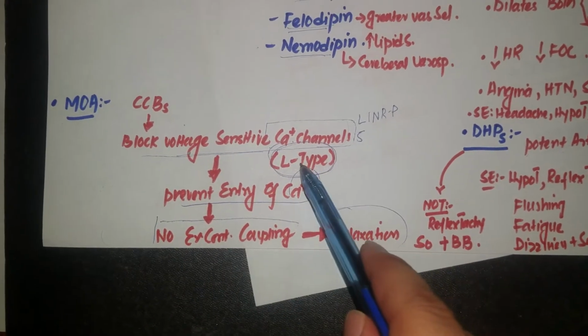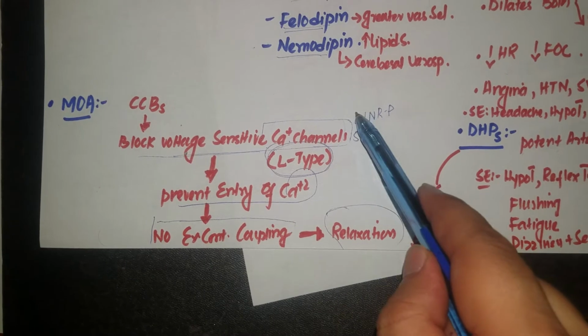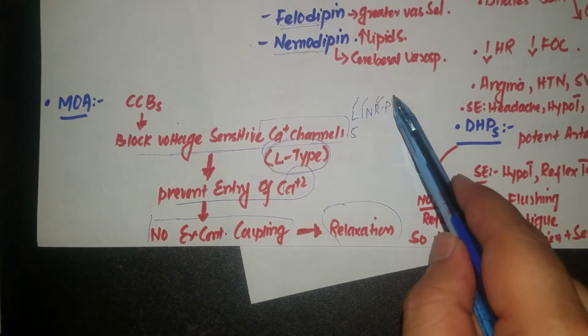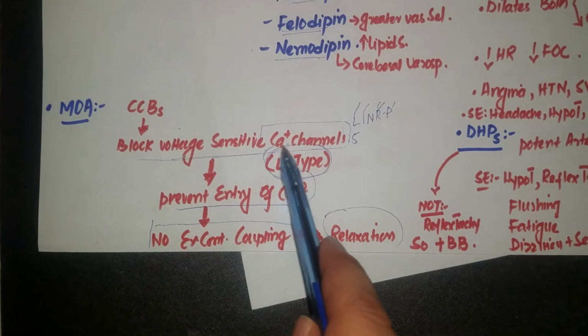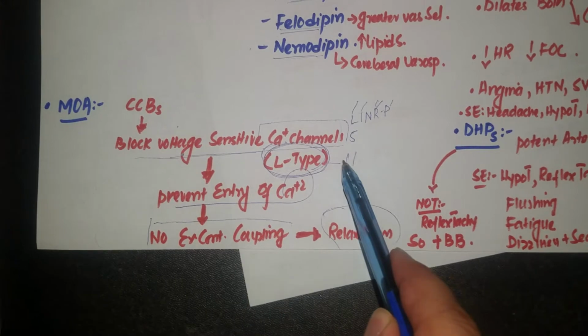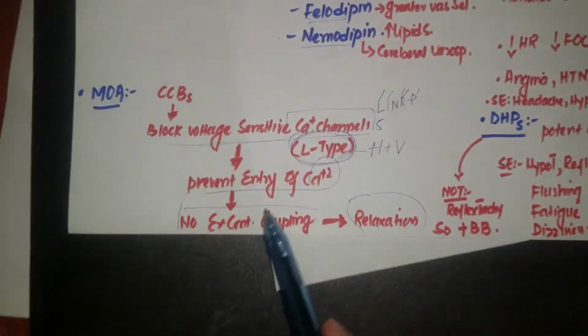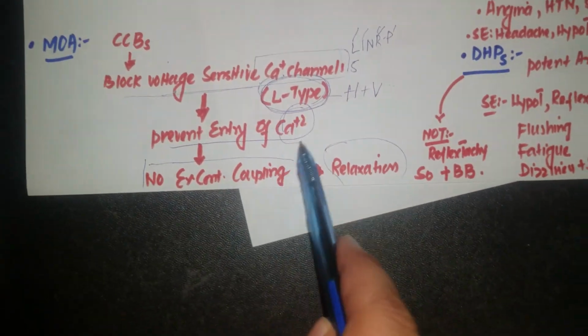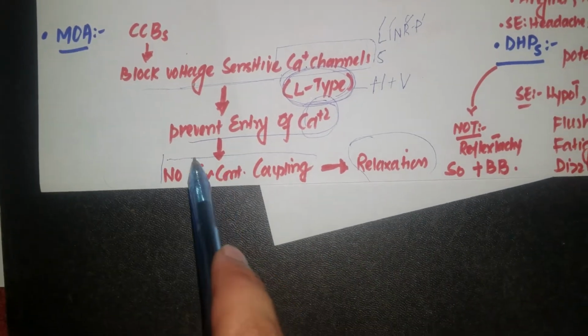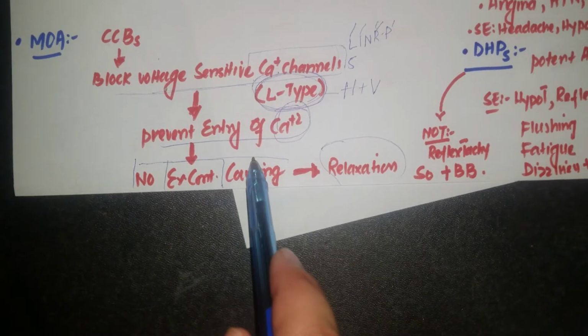There are five types of calcium channels: the L type, the T type, the N type, the R type, and the P type. They block the L type of calcium channels, which are mostly present on the heart plus vessels, and prevent the entry of the calcium current. So when there is no calcium inside, there will be no excitation-contraction coupling, and there will be relaxation.